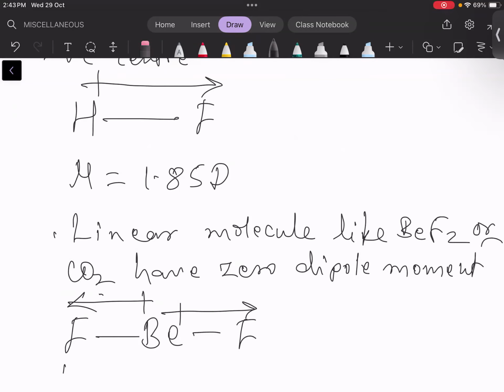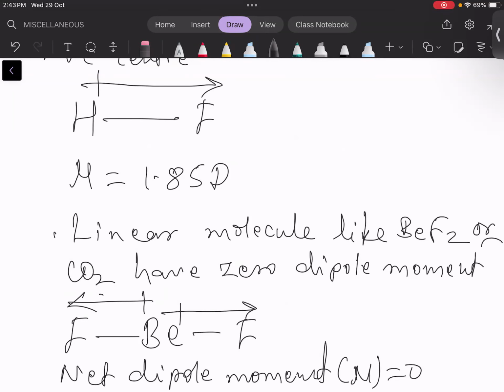And that's why the net dipole moment, nothing but mu, is zero. Similarly, carbon dioxide. Oxygen is more electronegative than carbon, so the net dipole moment becomes zero.